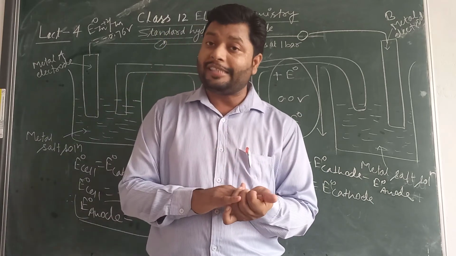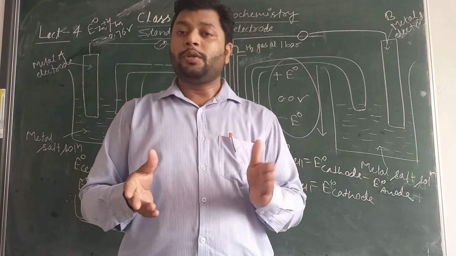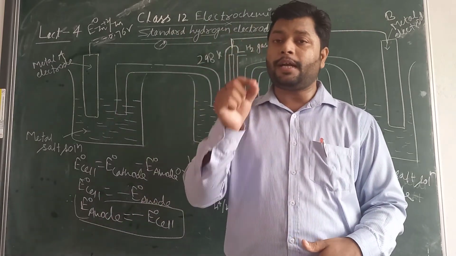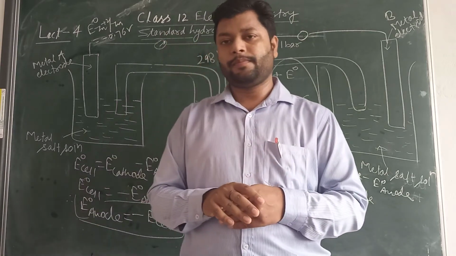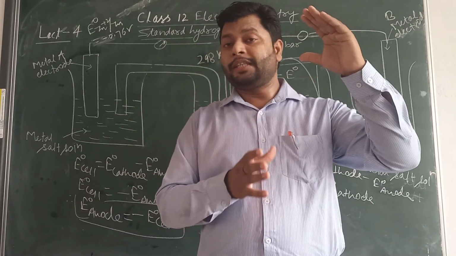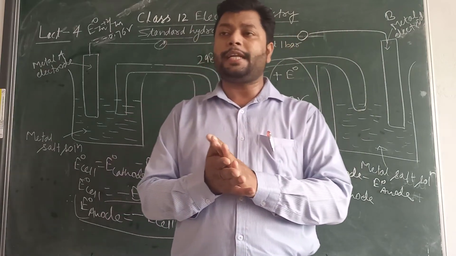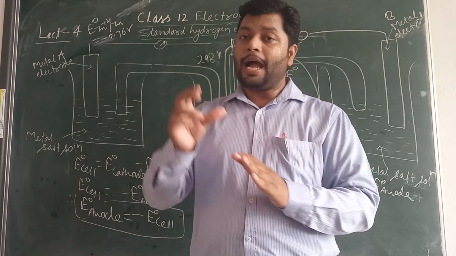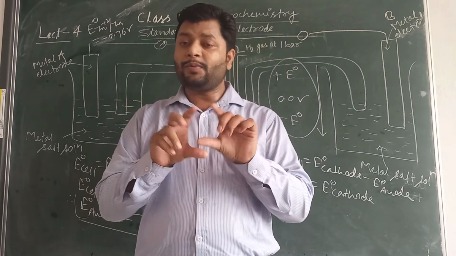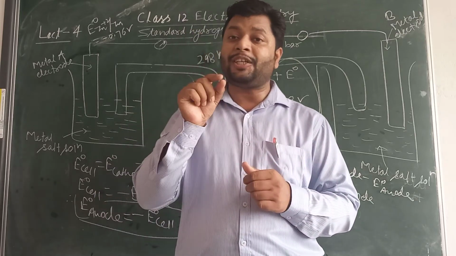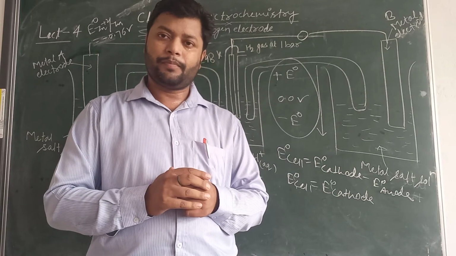The electrochemical series is actually an arrangement of different electrodes in terms of standard reduction potential, in descending order. In the above section there is a positive electrode reduction potential, in the lower section there is a negative electrode potential, and in between there is the hydrogen electrode. We always compare the different electrodes with the hydrogen electrode because hydrogen has zero potential.